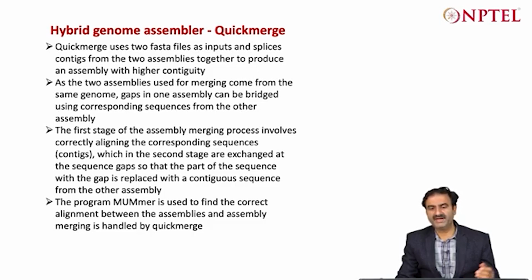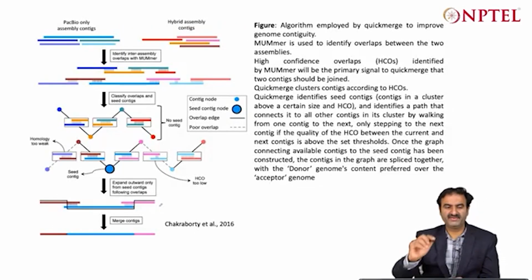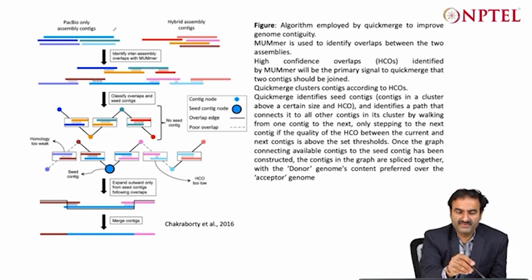To find the overlap between these, it uses the MUMmer tool, where it compares. For example, you have this PacBio contig or long reads, or a hybrid assembly. It will take these and find the overlap between the two, and there could be some overlaps which are more reliable, like this, and some overlaps which are less reliable.